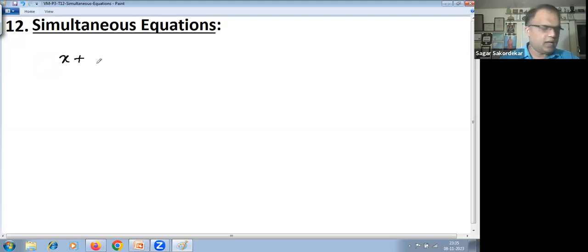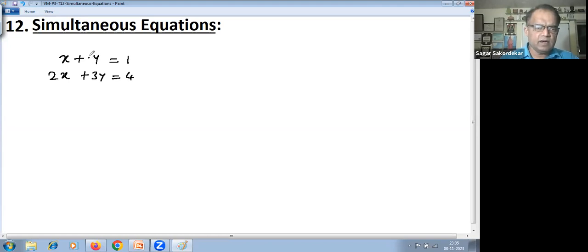x plus y equal to 1, and the second, 2x plus 3y equal to 4. So here we have to take the coefficient of x as the center point.